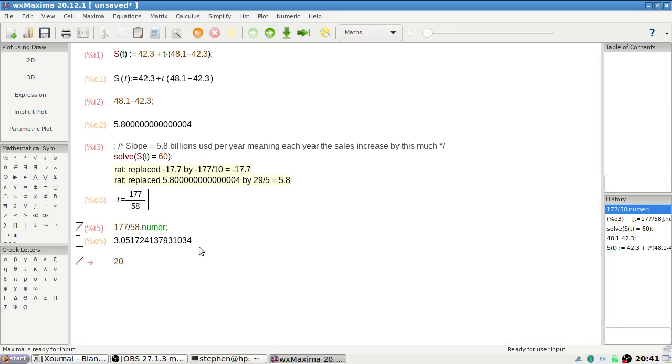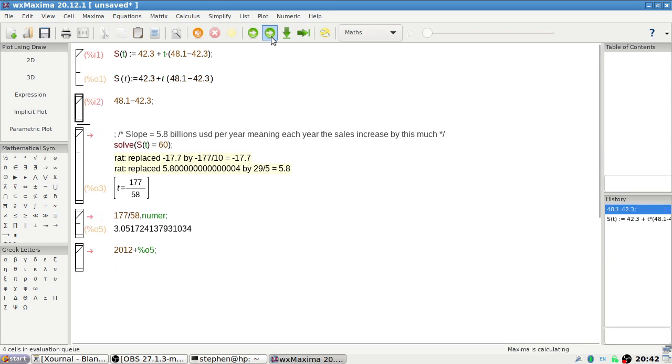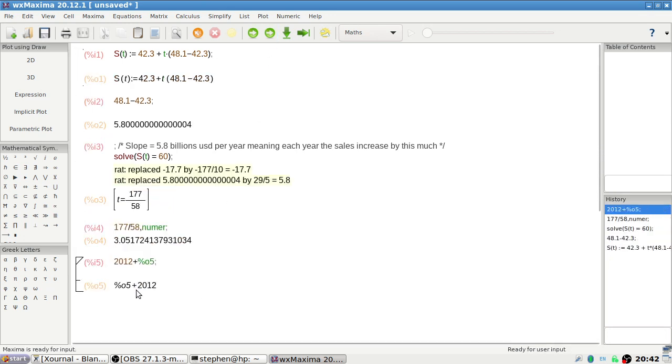2012 plus, can I do percent of 5? I thought it would be smart enough to know that I wanted the output percent of 4, huh? That's what the problem is. I said of 5, I meant of 4.